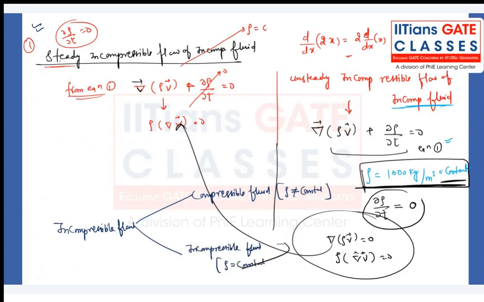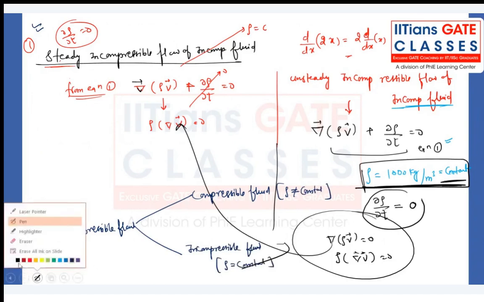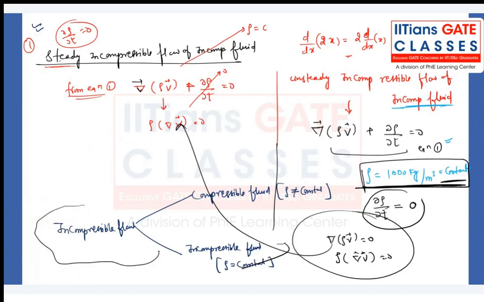So you might be thinking, sir, in the GATE examination, how do we come to know whether they are talking about incompressible flow of an incompressible fluid? We have to assume, because it is proven that with 99.9999 chances, if it is an incompressible flow, it has to be an incompressible fluid.